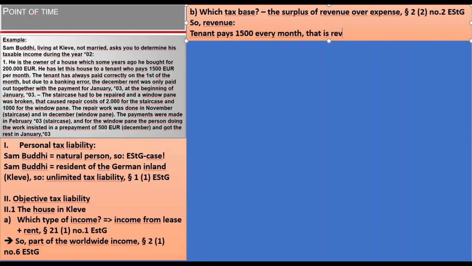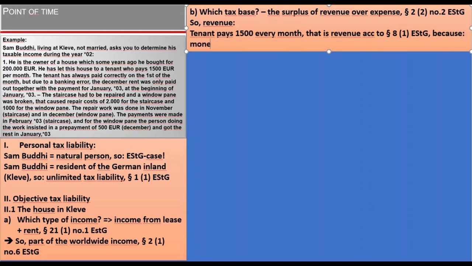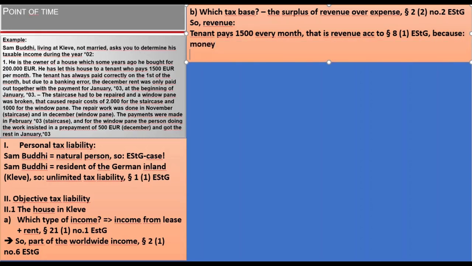That is revenue according to paragraph 8, section 1 ESTG, because it's money. Now they tell us it's always paid on the first of the month, but due to a bank error, the December rent is not paid in time.